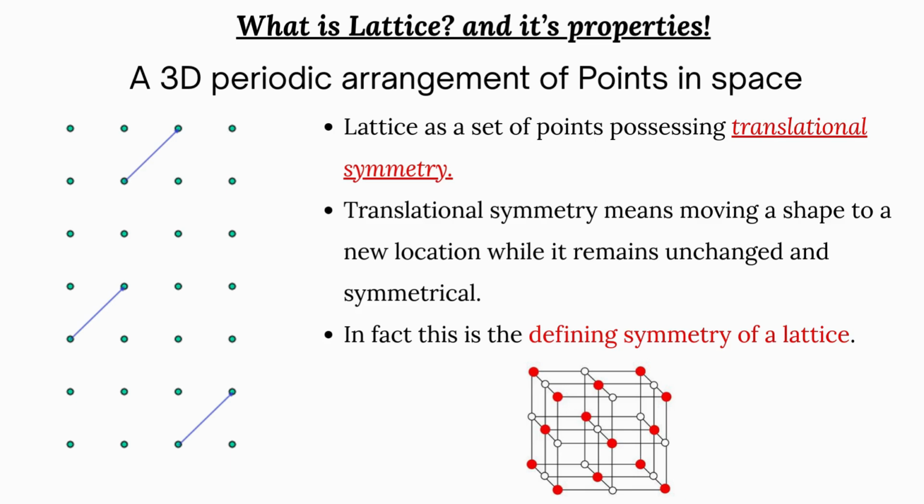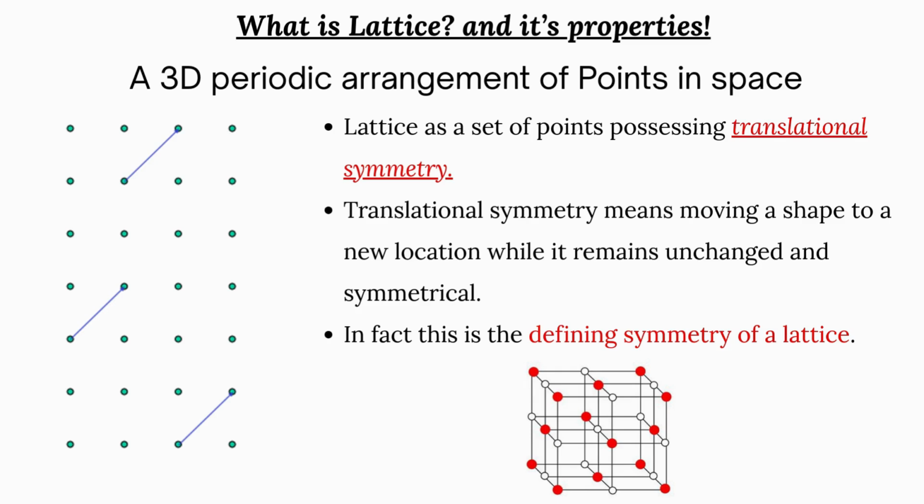So this is the basic definition to define a lattice. The translation symmetry is the defining symmetry for a lattice. Though the patterns are repeated, if the translation symmetry is not present, then we cannot say that it is a lattice.